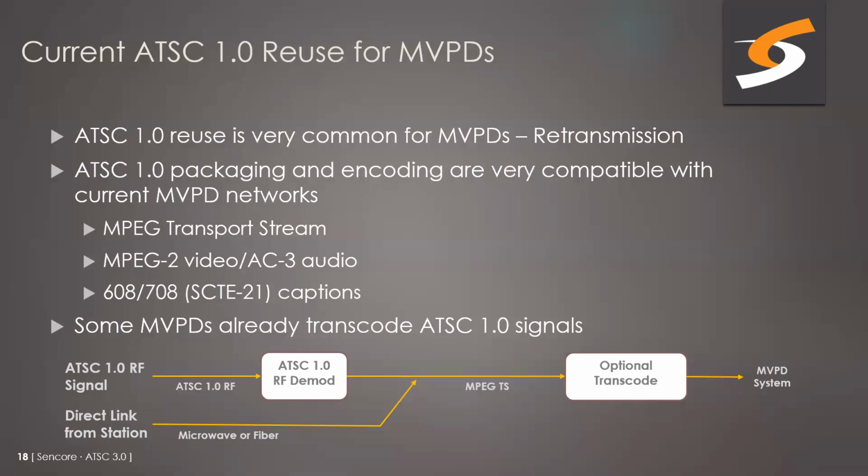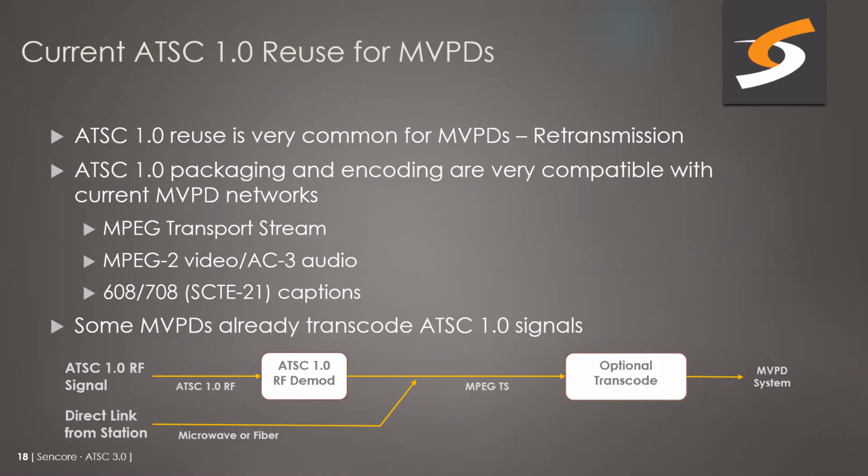You know, we've seen a lot of transcoding into H.264 compression, just to take advantage of the efficiencies out there. But you see the diagram at the bottom of the slide.